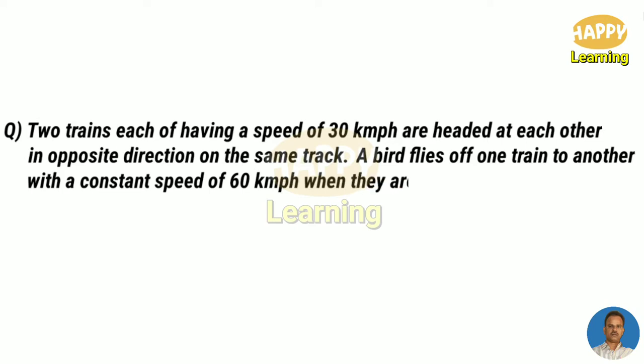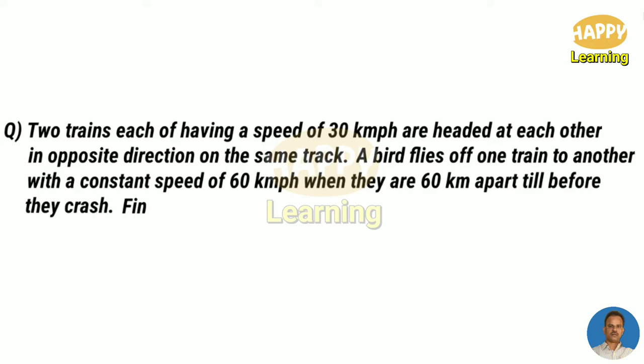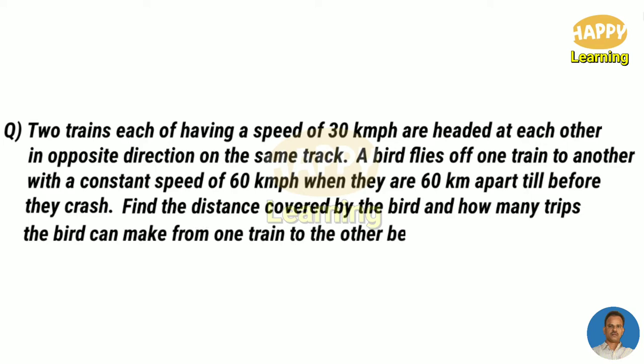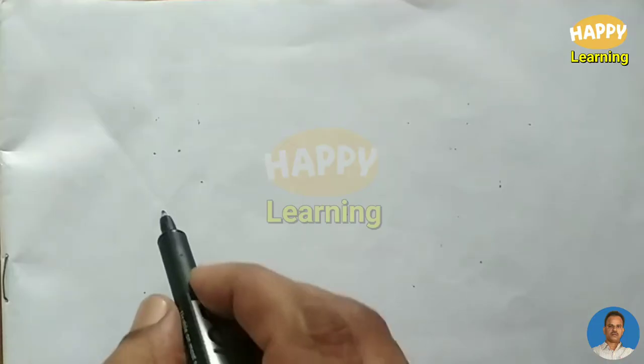When they are 60 km apart, till before they crash, find the distance covered by the bird and how many trips the bird can make from one train to the other before they crash.